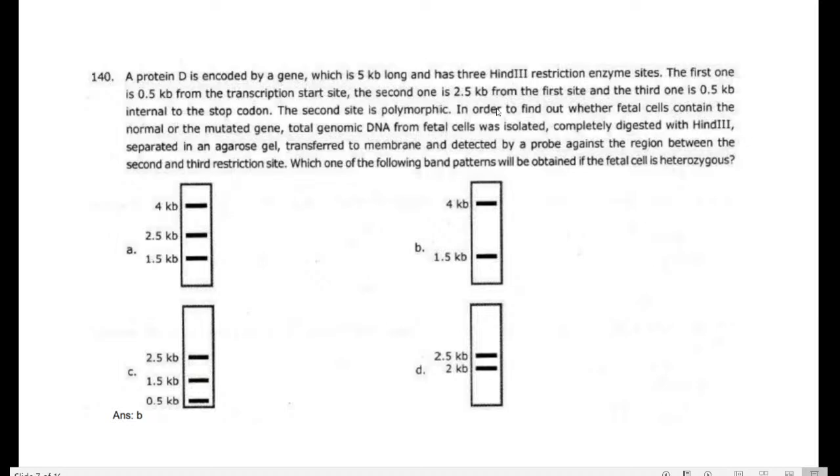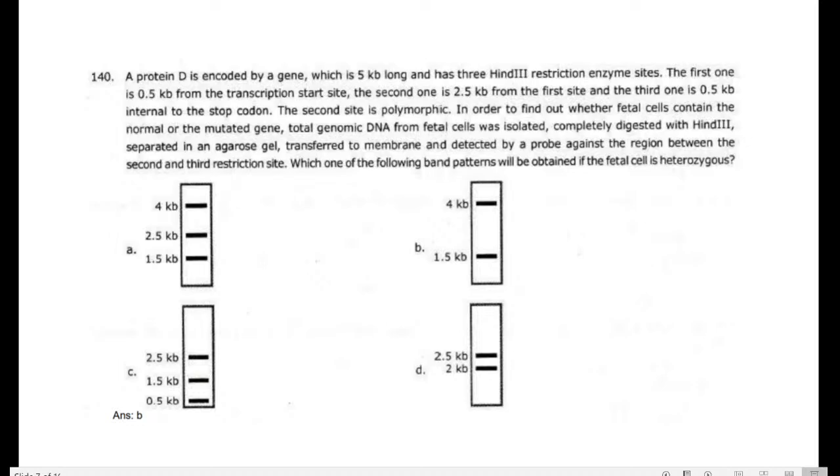So if it cuts at 2.5, just eliminate the 0.5, because the 0.5 cannot be recognized by the probe. So 2 kb is there.